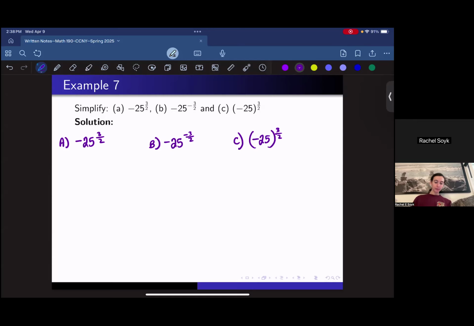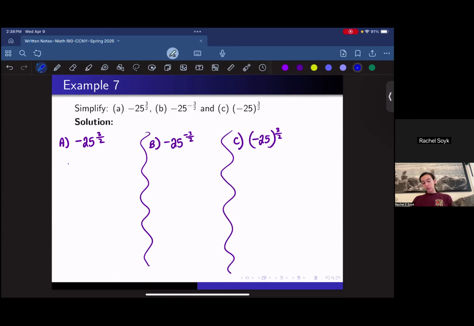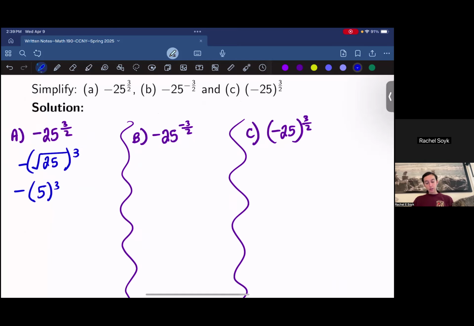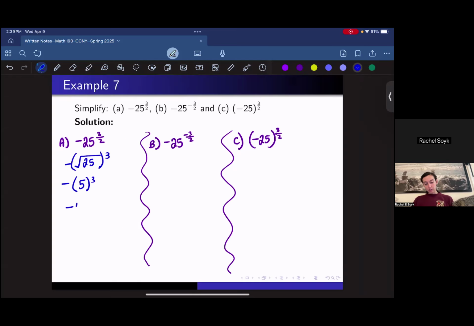So part A, that negative is in front and there are no parentheses. So we're just going to stick that negative there for the time being. Taking the square root of 25 and then we're cubing it. Square root of 25 is 5 and 5 cubed is 125. So our final result is negative 125.